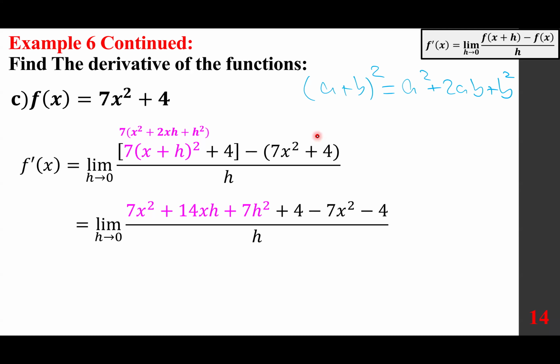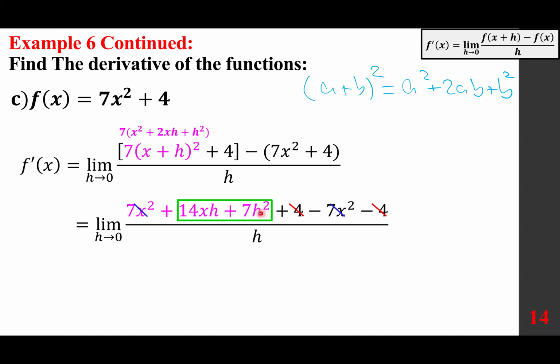So what happens? 7x squared and negative 7x squared cancel each other. Positive and negative 4 cancel each other. What is left in the numerator is 14xh plus 7h squared.